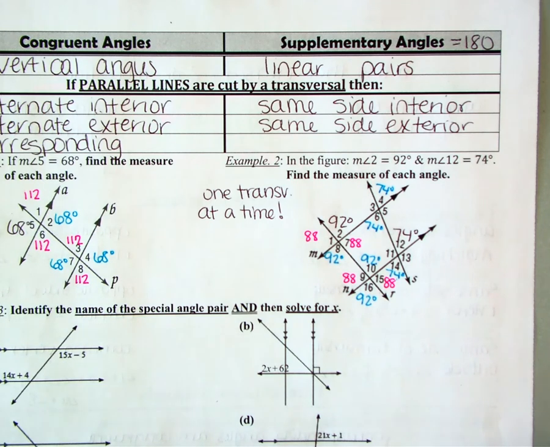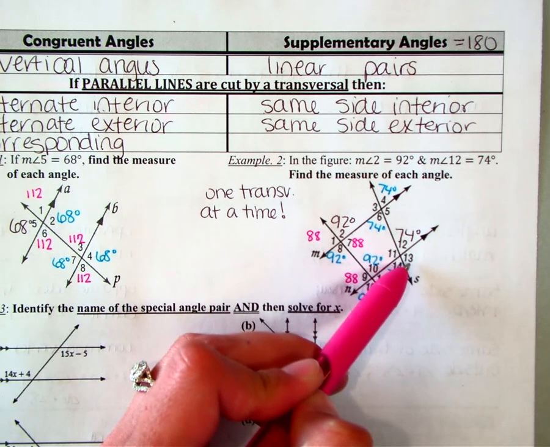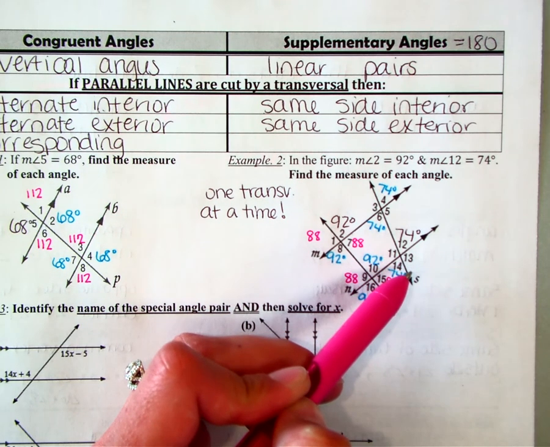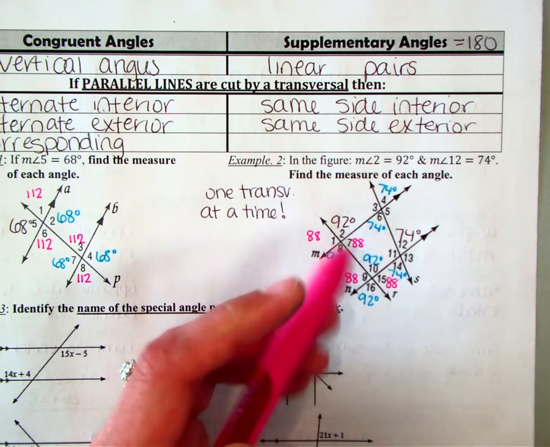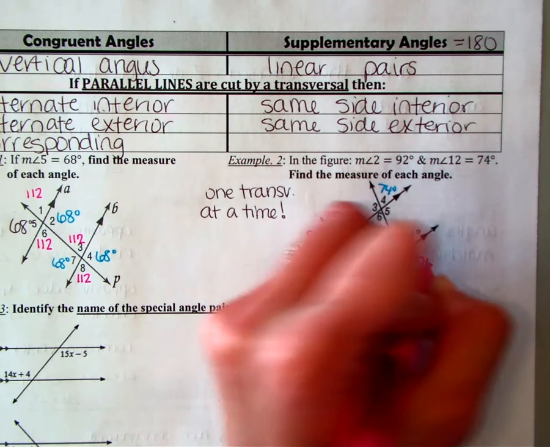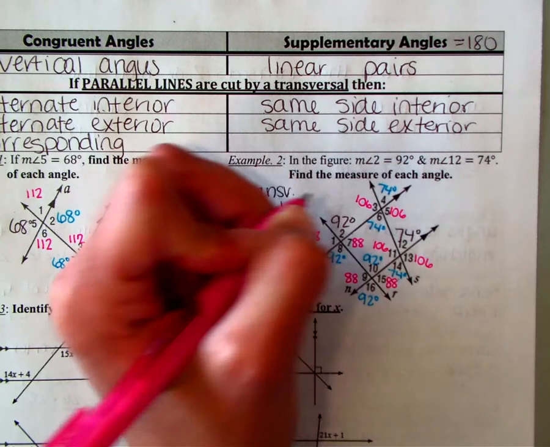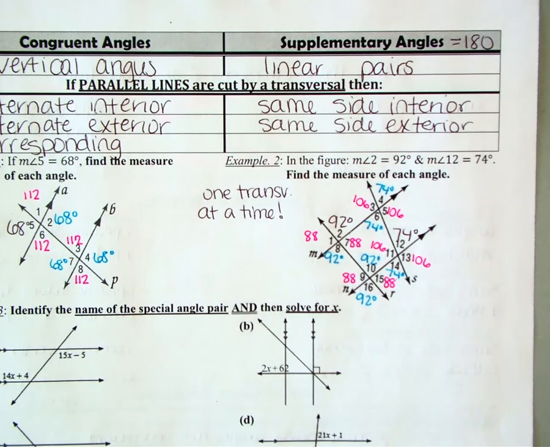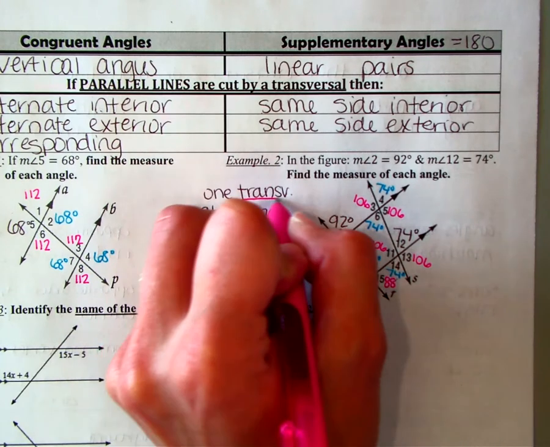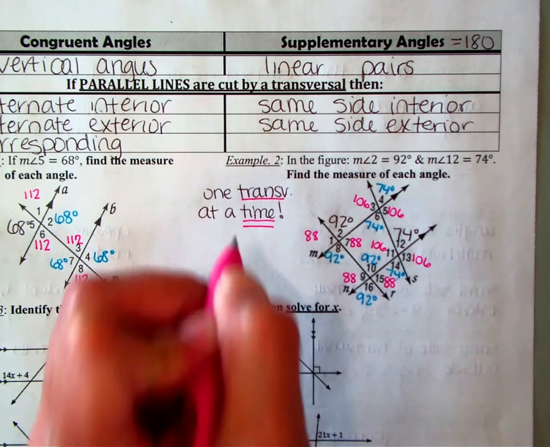And then I see that 12 and 13 is a linear pair. So I'm going to again subtract 74 from 180 and find that whatever's missing is 106. And then all of those others have a relationship with that 106. It's very important to look one transversal at a time.